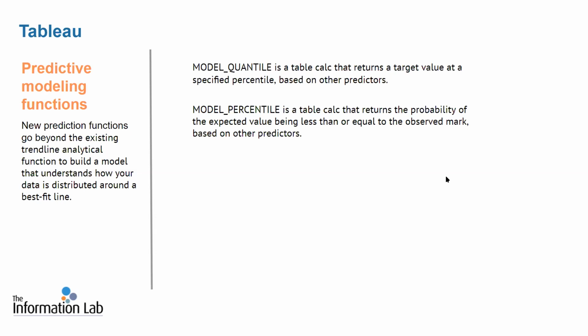You've got two new functions. So you've got the model quantile function, which returns a predicted value based on a specified percentile, or you've got the opposite of that, which is the model percentile function, and that returns the probability of an observed value you've got being within the range of a predicted value based on those other predictors.